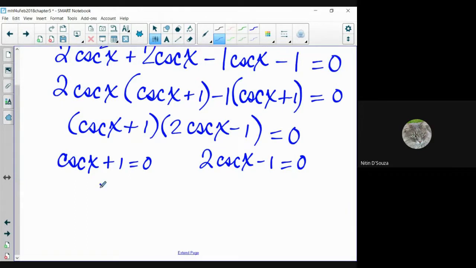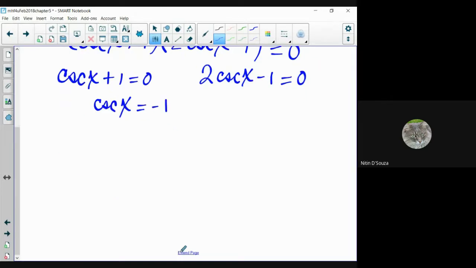So cosecant x equals negative 1. But cosecant x is 1 over sine x. So essentially, if you flip both sides, sine x is equal to negative 1.